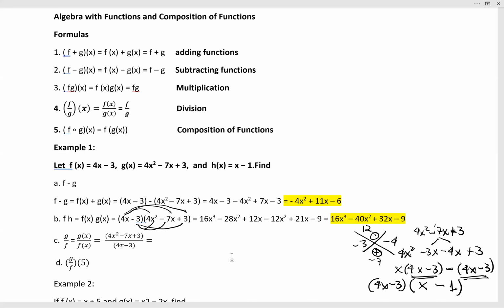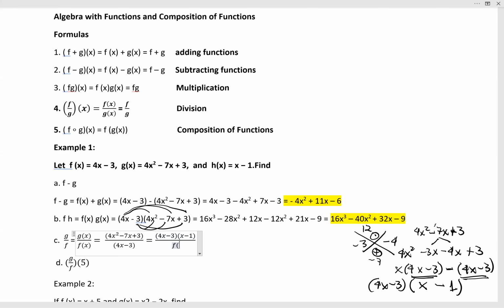Now I'm going to come back to the problem here, okay? And I'm going to change this top to be two factors, so 4x minus 3 and x minus 1.